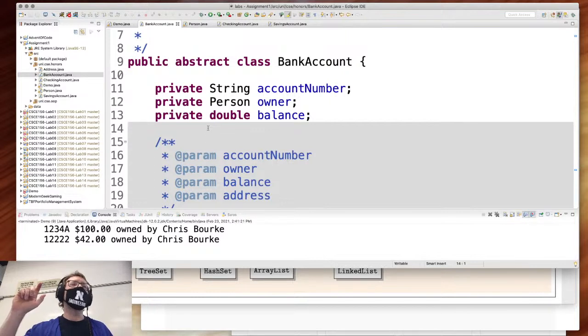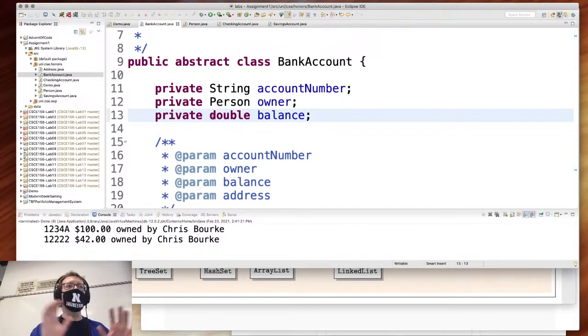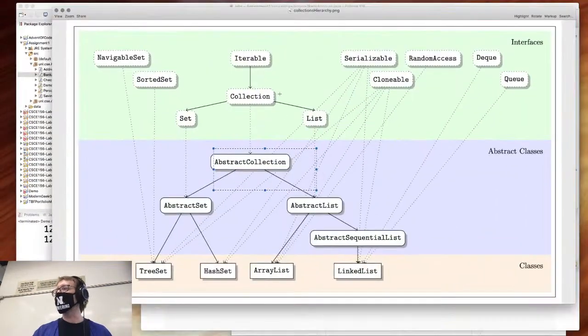Java 8 or 9 or something introduced default methods, which is a complete mistake in my book, but they are a thing. Just ignore them, right? Don't worry about it. So I'm just doing that to CYA, cover my ass, for anybody that says, he's wrong. You have default methods in interfaces. Yes, you do, but let's ignore them for now, right?